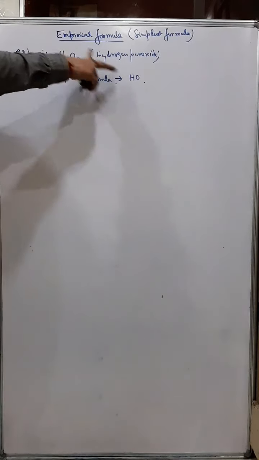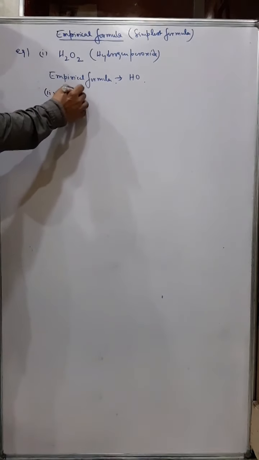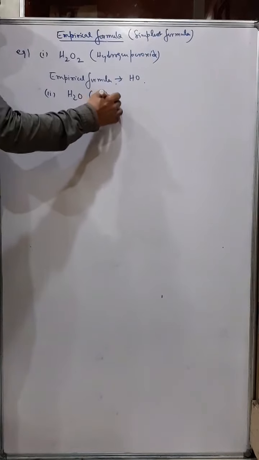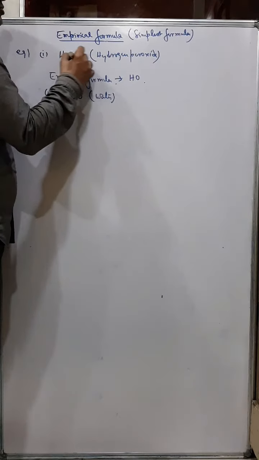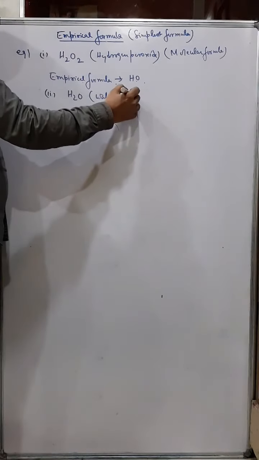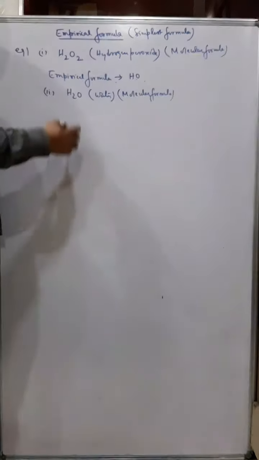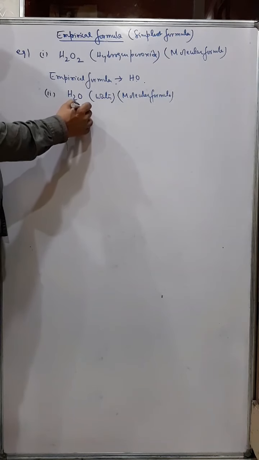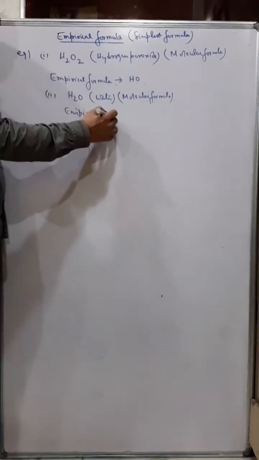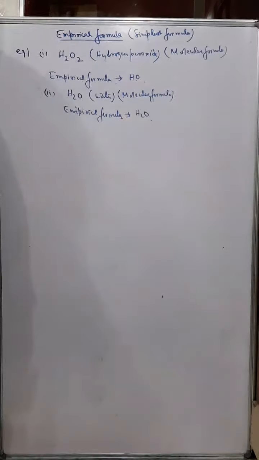Now similarly, you see H2O, this is water. This is the molecular formula, and H2O2 is also a molecular formula, but HO is the empirical formula. In the case of water, the empirical formula is also the same, because there are no common terms. So the empirical formula is also H2O.